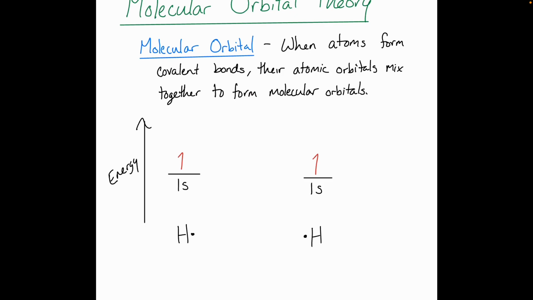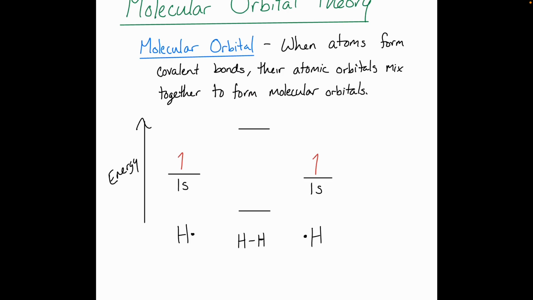But now we're going to bring these two hydrogen atoms together, and they're going to form that diatomic hydrogen with its single bond. All right, and so what's going to happen is these 1s orbitals are going to mix together, and they're going to form two new orbitals. One of them is low energy, the other one is high energy.